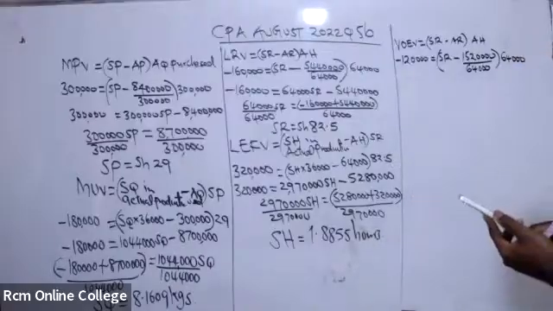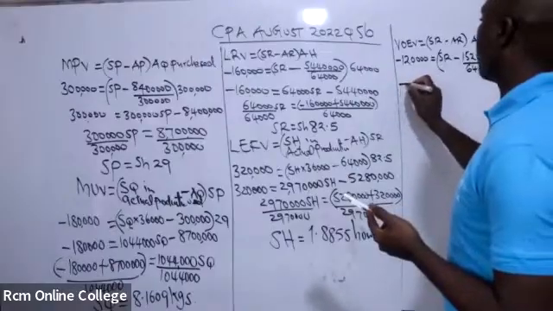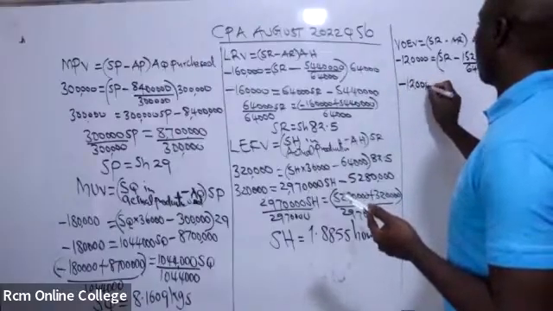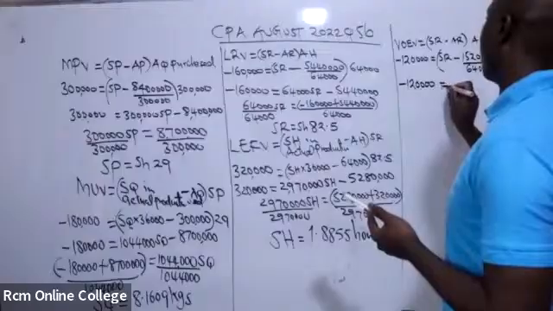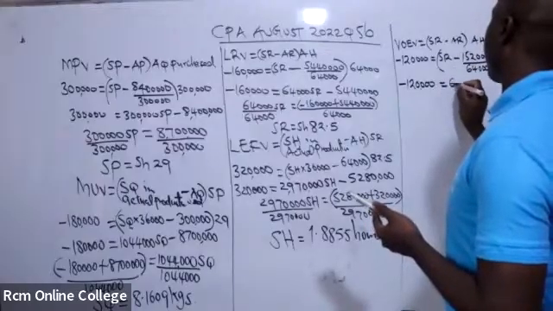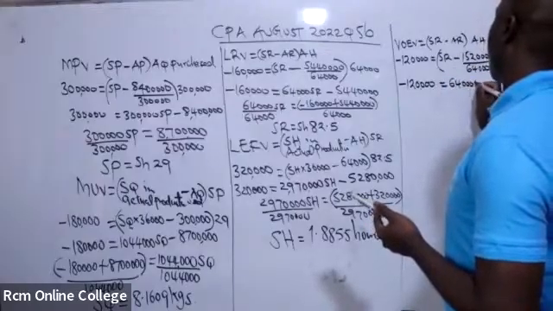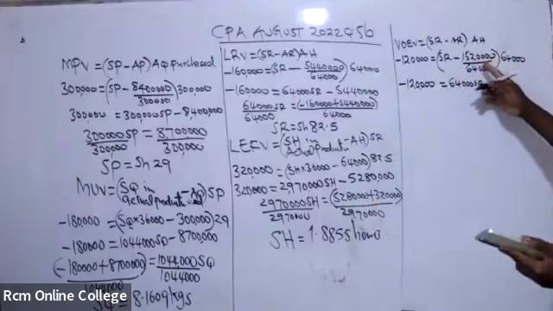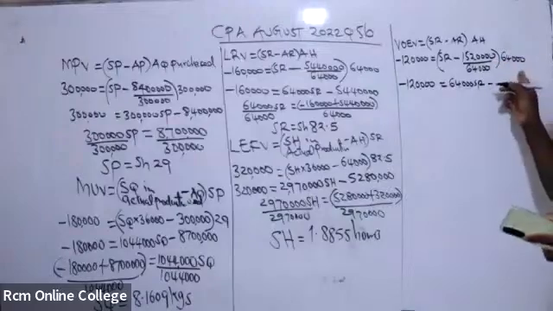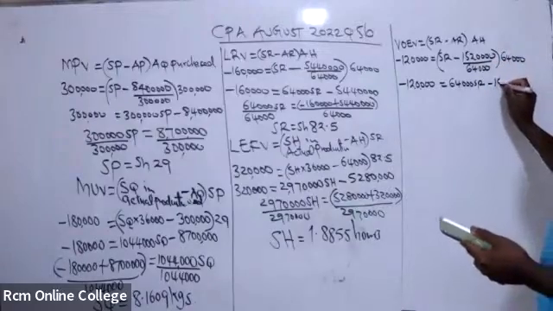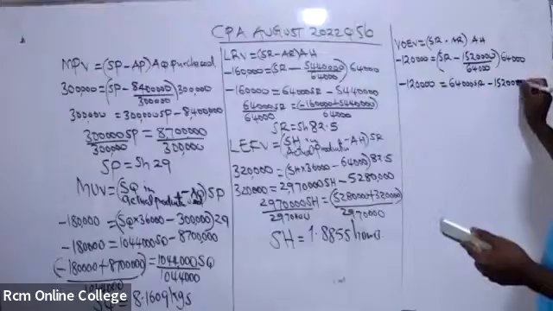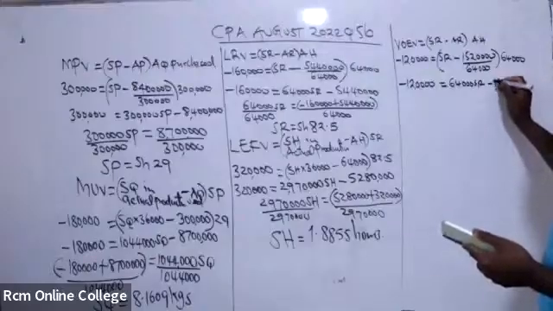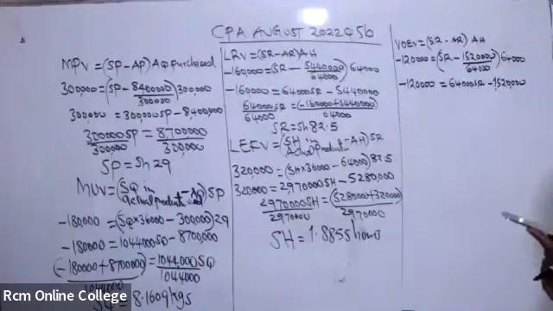So let's break the bracket. A negative of 120,000 is equal to 64,000 by SR, minus 1520 divided by 64 times the same 64. It leaves us with 1520,000.